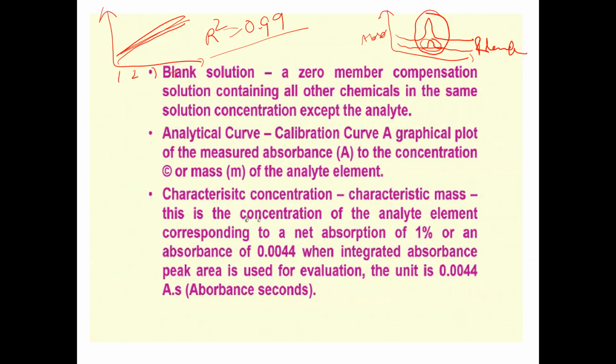If I talk about the characteristic concentration, that is basically the characteristic mass. This is the concentration of the analyte element corresponding to a net absorption of 1%, or an absorbance of 0.0044 when the integrated absorbance peak area is used for evaluation. If I talk about it here, this is the absorbance and this is the peak.